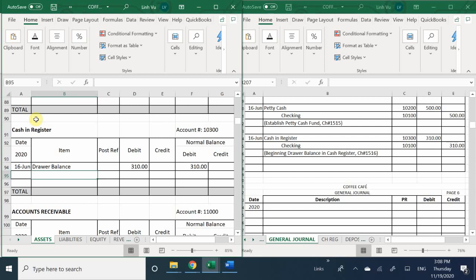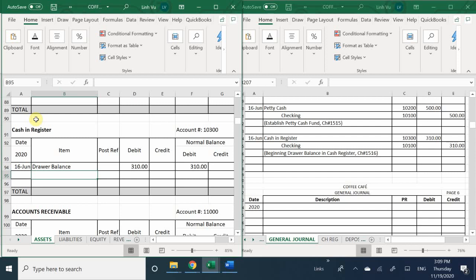But at the end of the day, you're going to count up. Obviously, you're doing cash sales, so at the end of the day, you're going to have more than $310. What you're going to do is separate it, because you need the 310 to do operations the next day, and you're going to take the extra money and put it in your bank. So that's the rule here.